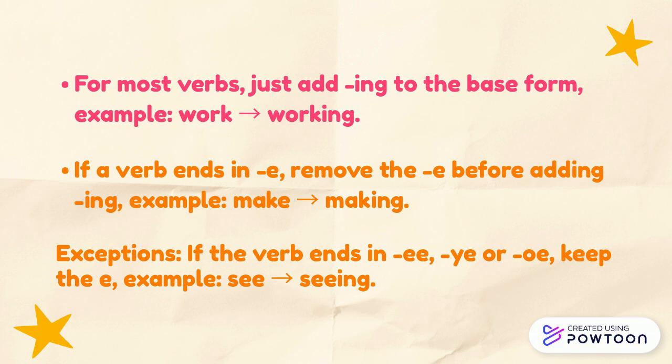If a verb ends in E, remove the E before adding ing. For example, make becomes making. However, remember the exception. If the verb ends in EE, YE, or OE, keep the E. For example, see becomes seeing.